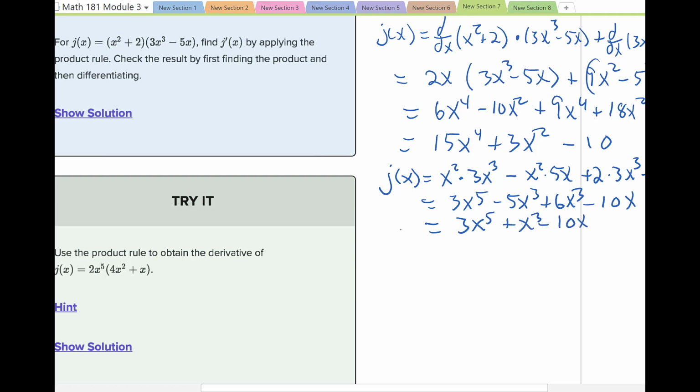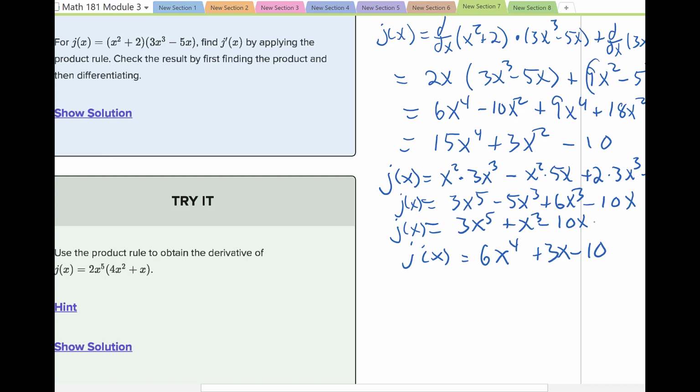So if that's the case, j of x prime should be 6x to the fourth plus 3x squared minus 10. So I must have a sign issue up here. I had 6x to the fourth, and then I had that 9x to the fourth.